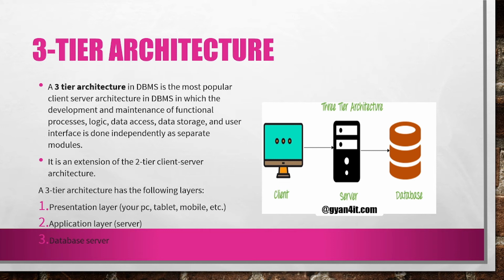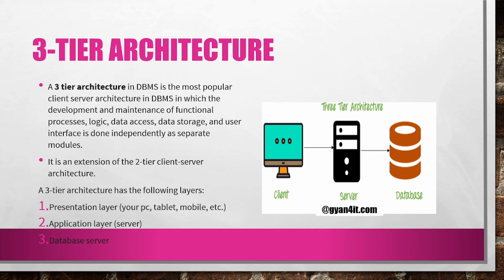Here a three-tier architecture in DBMS is the most popular client server architecture in DBMS, in which the development and maintenance of functional process, logic, data access, data storage and user interface is done independently as separate modules. It is an extension of two-tier client server architecture.